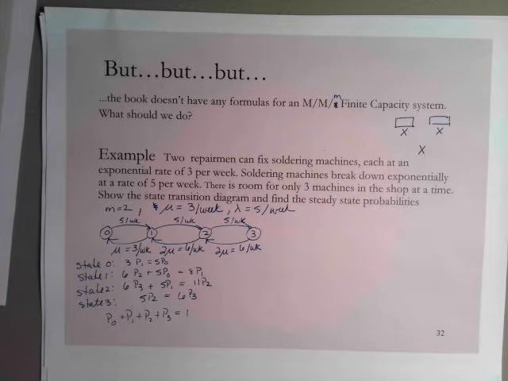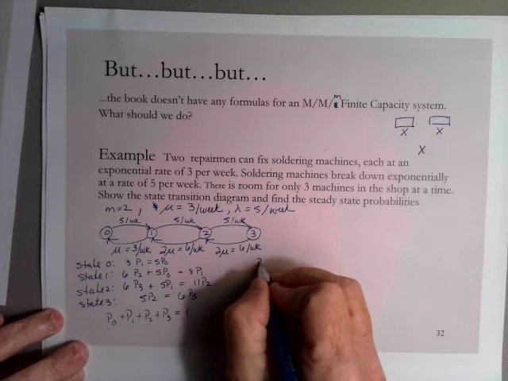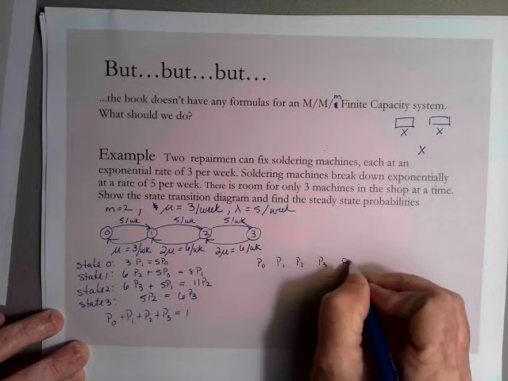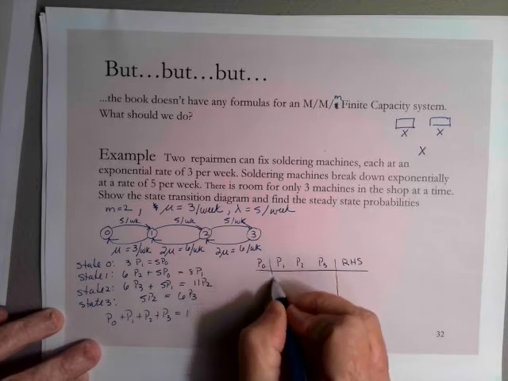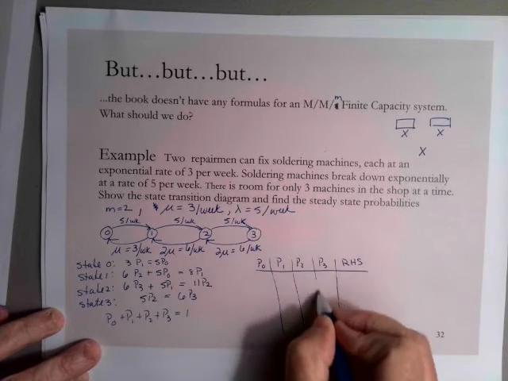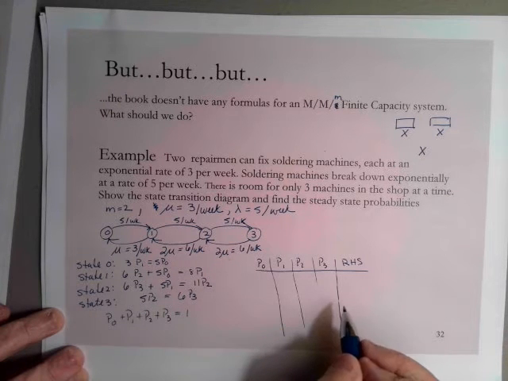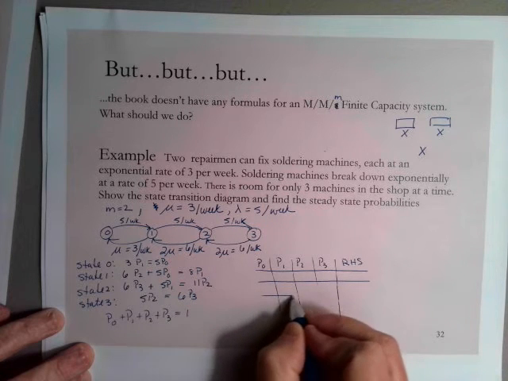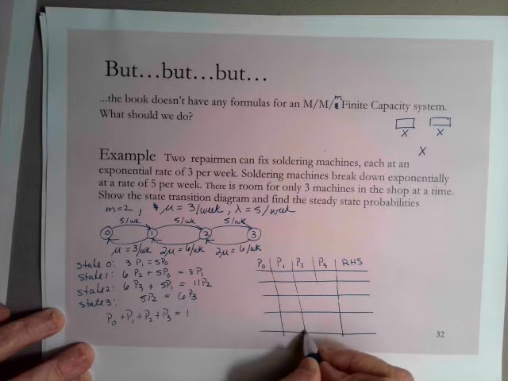And now what I want to do is put this into a matrix form into my calculator. So if I were to set this up, P0, P1, P2, P3, and then this right hand side, I'm going to set up a matrix in my calculator that will have 4 rows and 5 columns.